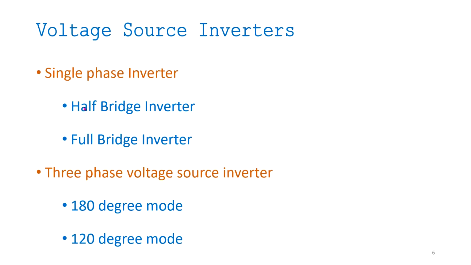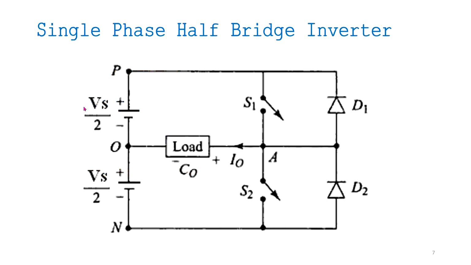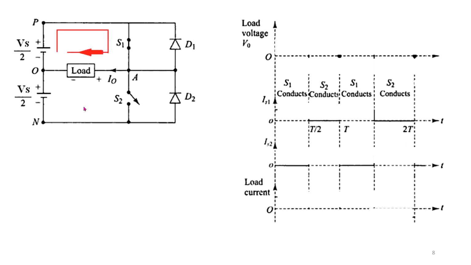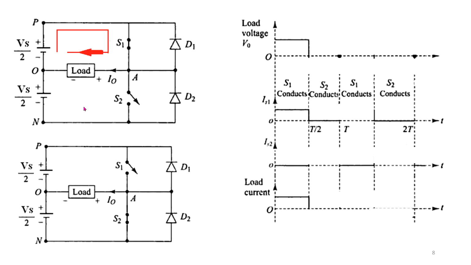Then we have discussed in the previous class half bridge inverters and full bridge inverters. Half bridge inverters involve two switches with the load, and at one time one switch will operate, and the switch current and the load current follow the same direction. Similarly, when the other switch operates, the direction of the current through the switch is the same as that of S1.